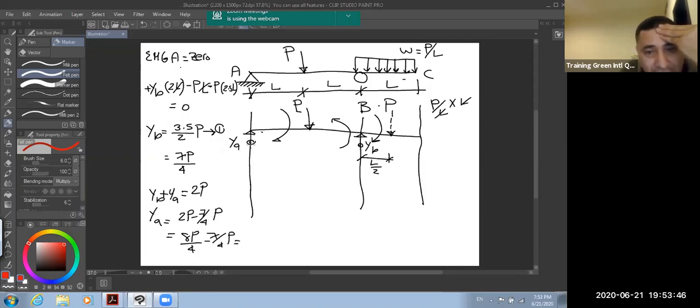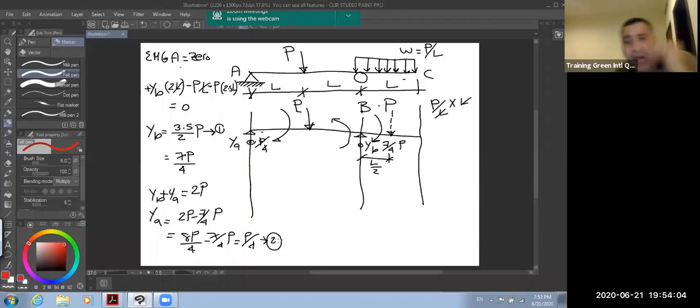As a reaction, here is B over 4. And I have YB equal to 7B over 4. Here is B over 4. This is equation number 2.